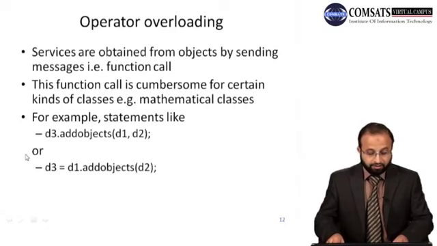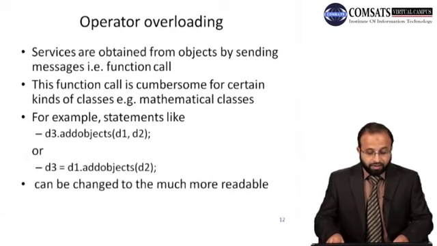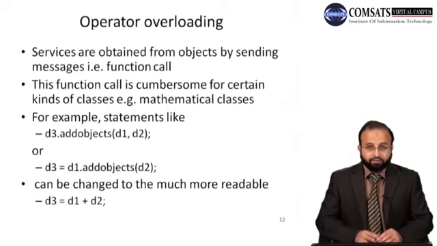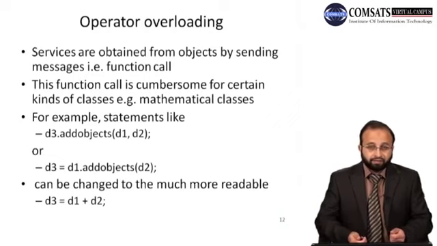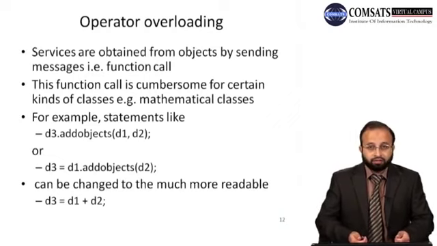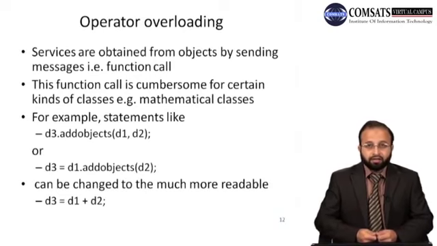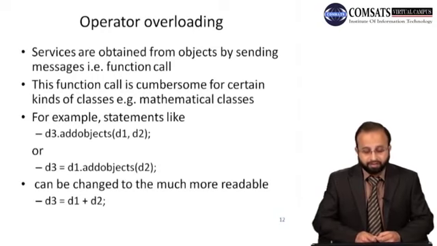Instead of this, it can be changed to something more readable and more conveniently understandable, and that is this one. What if we write d3 = d1 + d2? This also means that we are adding the content of the d1 object and the content of the d2 object, and the result is assigned to the d3 object, right?